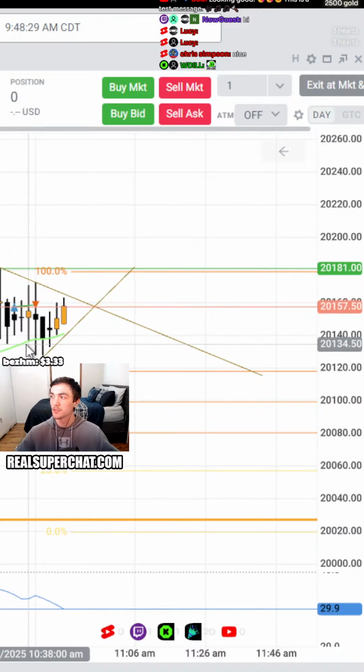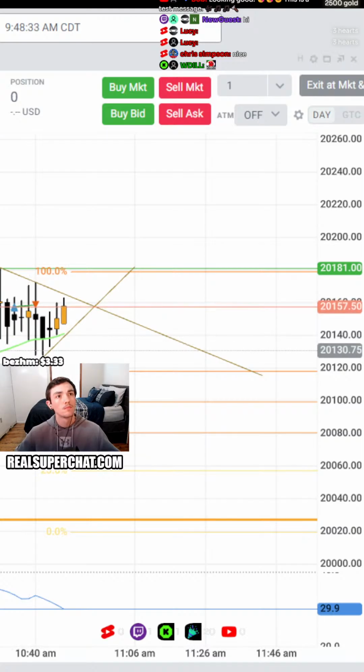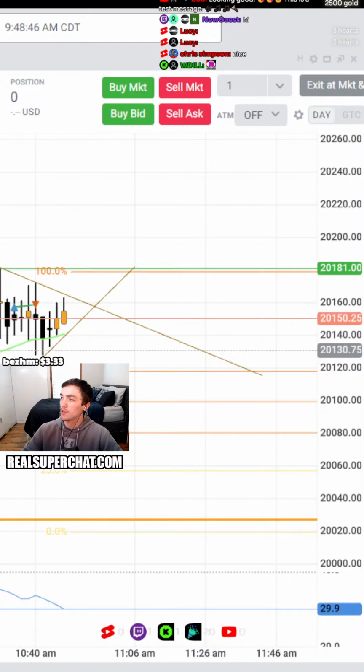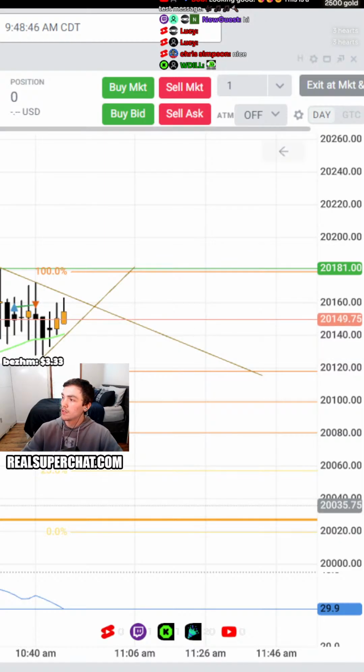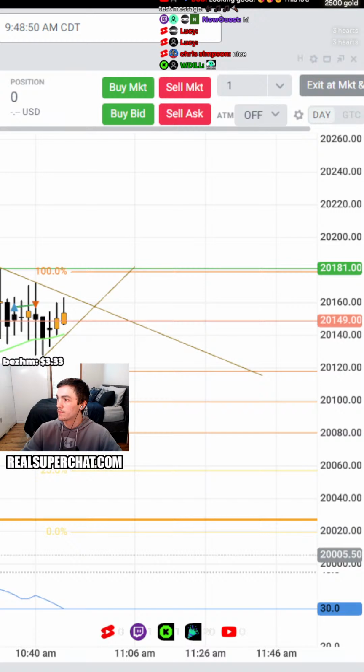Looking just choppy. Yeah, it's just chopping around. Gotta wait for the move. Got a late start to the day. Would've loved trading this at 8 a.m. when the market opened too.